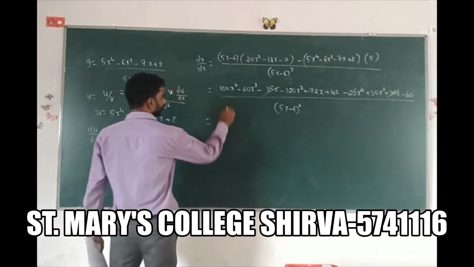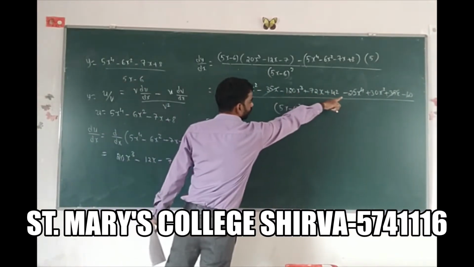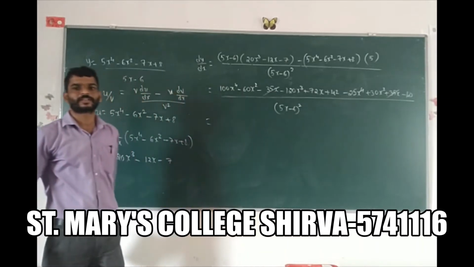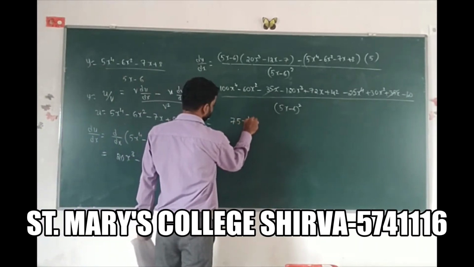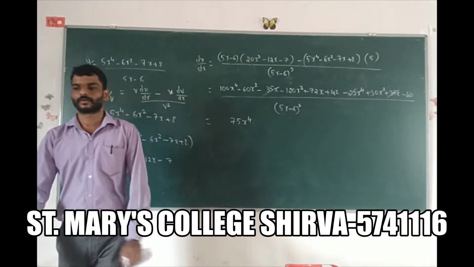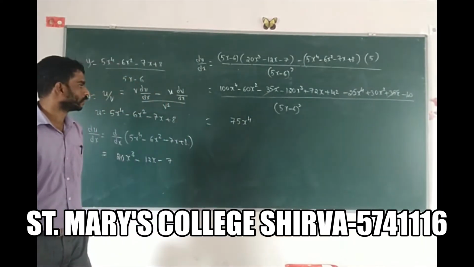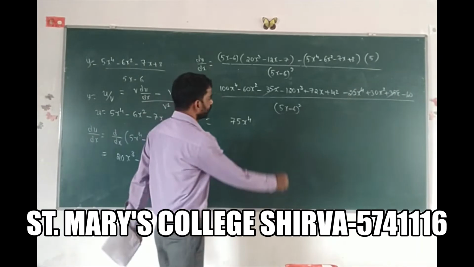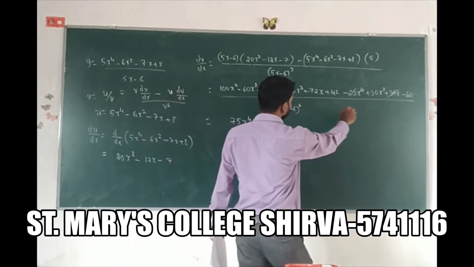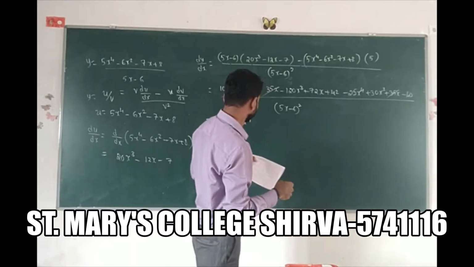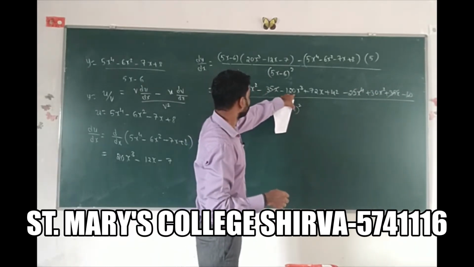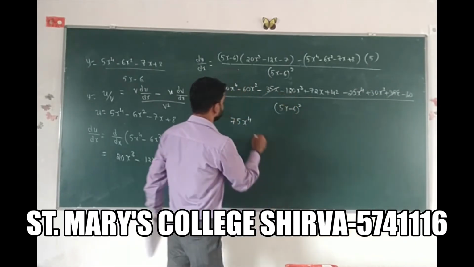Okay, 100x power 4 minus 25x power 4 remains 75x power 4. Then minus 120x cube.